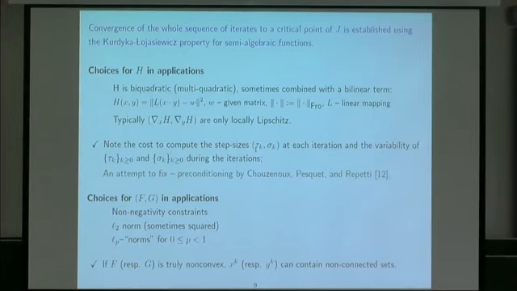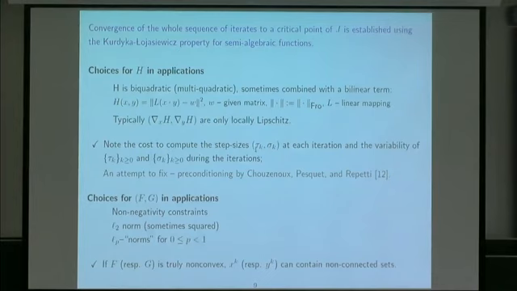Let us now see what the choices are for the coupling terms, which are usually data fidelity terms, and the choices for the functions f and j. H is most often a biquadratic or multi-quadratic function. Sometimes there is a bilinear term.